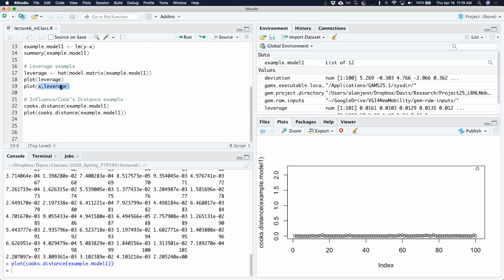So hopefully what we've covered so far isn't going to be about you memorizing any particular way of obtaining any of the diagnostics that we've been doing.